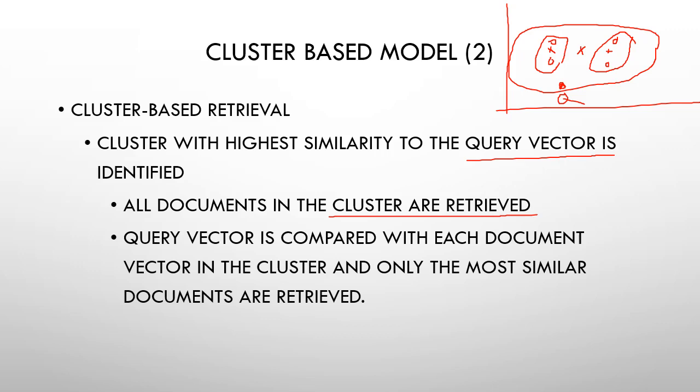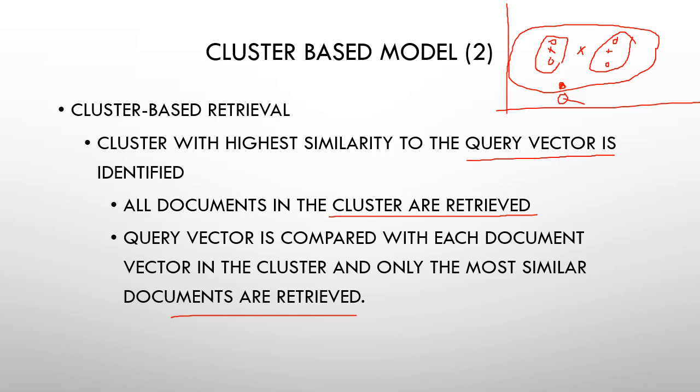Then the query vector is compared with each document vector in the cluster, and only the most similar documents are retrieved. So now the query is measured for similarity with document number 1 and number 4.